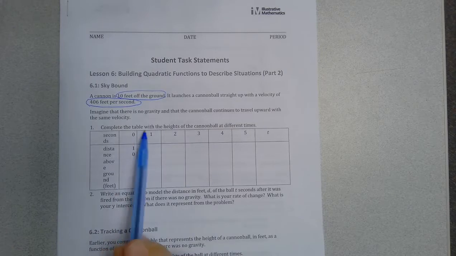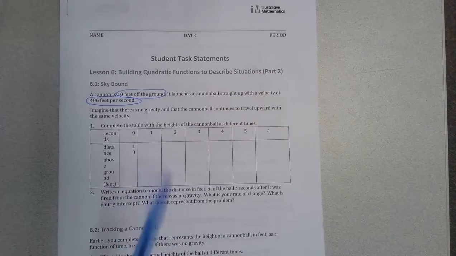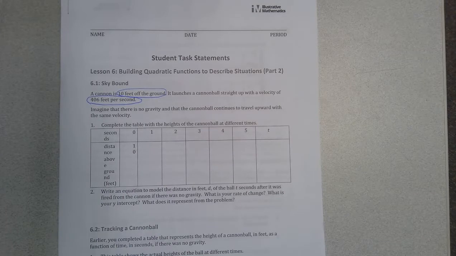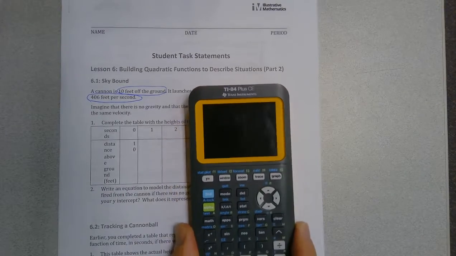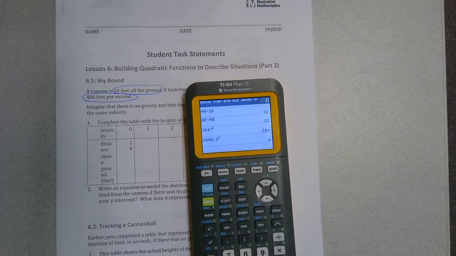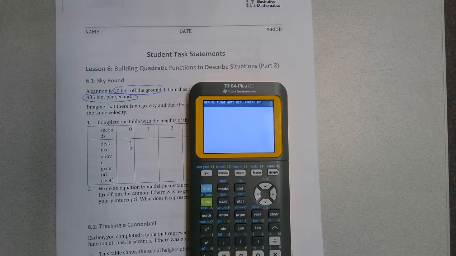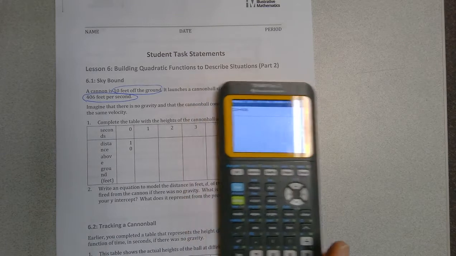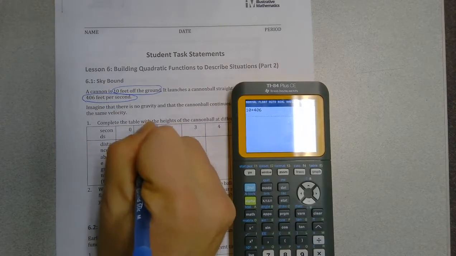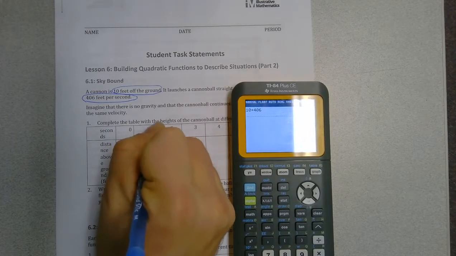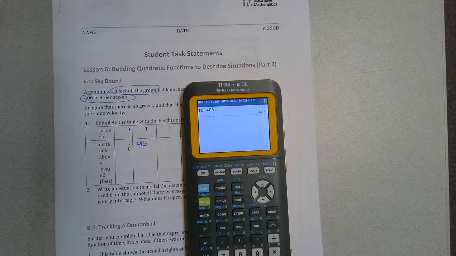So in looking at completing the table, I see that we are constantly adding 406 every second. So I'm going to pull out my calculator, clear out what's in there. And we have 10 feet, and I'm going to add 406. After the first second, I'm at 416. Then I'm going to add 406 again.